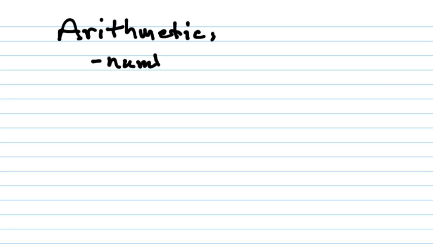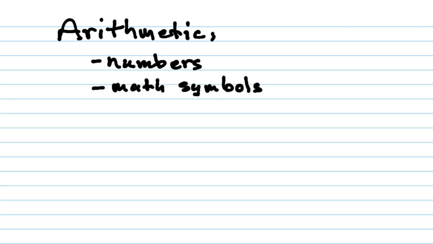So, what we've been doing so far is we've been dealing with what's called arithmetic. Now, arithmetic, you're just dealing with numbers and some math symbols, right? Now, there are lots of different math symbols, but for the most part, we're talking about addition, subtraction, multiplication, and division, right?